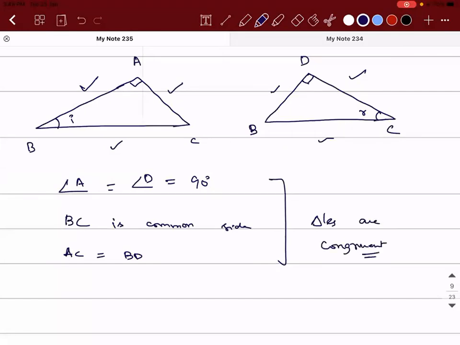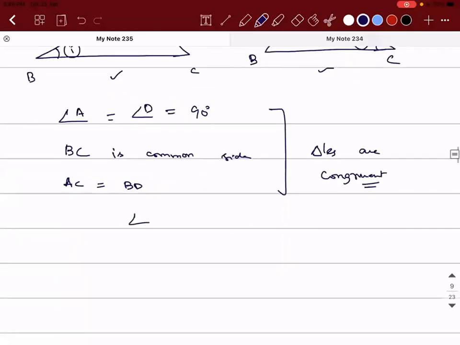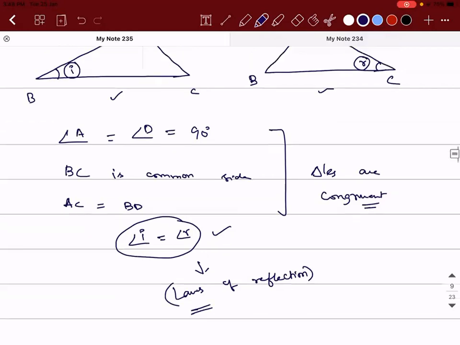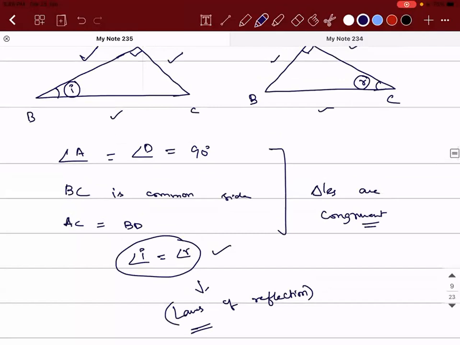When these two triangles are congruent, we know that all the corresponding angles are equal. From this, we can conclude that angle i is equal to angle r. Okay, so from this, we get the laws of reflection. So this is how the laws of reflection are proved on the wave theory of light.